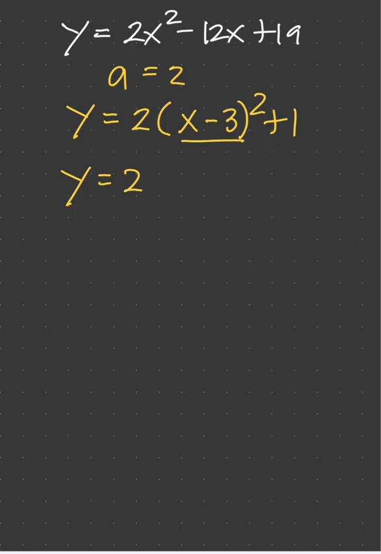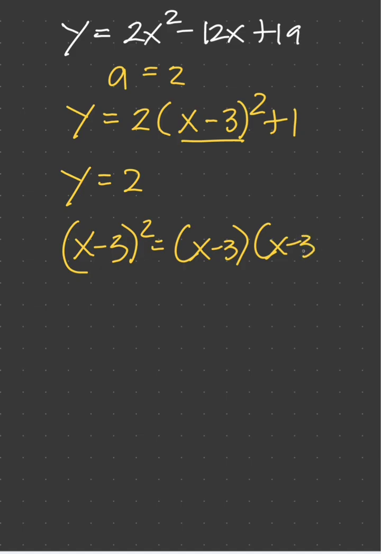Okay, you FOIL that. x minus 3 squared is just equal to x minus 3 times x minus 3. You just multiply the two binomials.